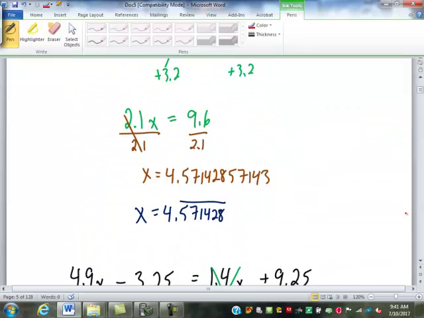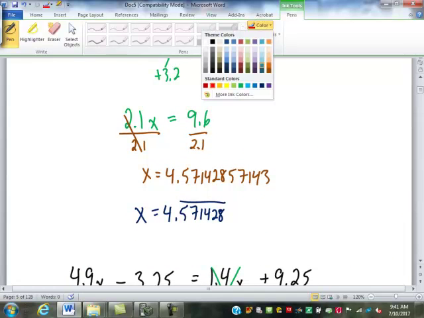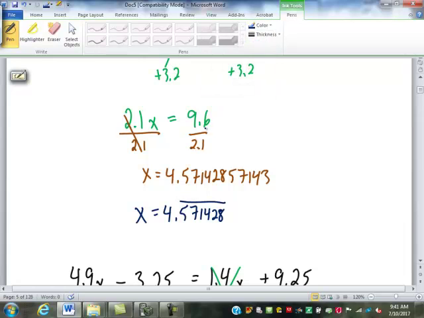Could have done the same thing up here. 9.6 divided by 2.1. What do I have to multiply by to get rid of the decimals there? 10, because each is only one decimal place again. So that's 96 over 21.